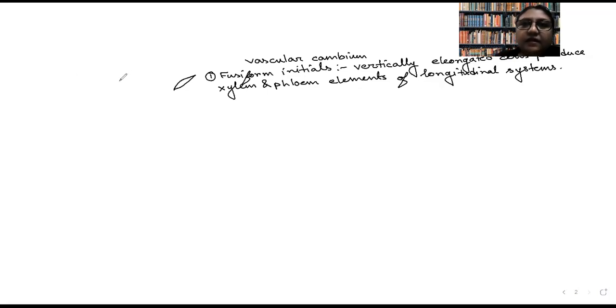Kind of similar shapes. Yes, very good, you correlated. Second is ray initials. So what are these ray initials and why do they call them ray initials? So these cells are isodiametric. So isodiametric shape.